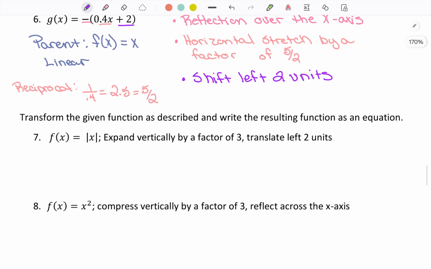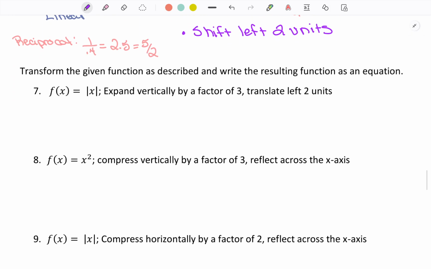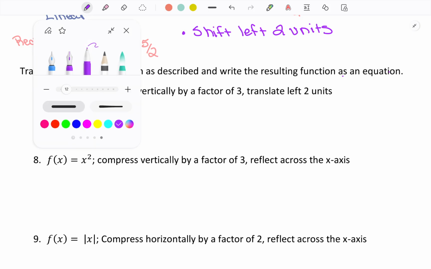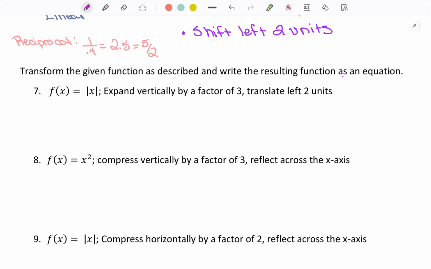All right, so now we are going to go backwards from what we were doing. So we're going to transform the given function as described by writing the resulting function as an equation. So we're given our parent function on number 7, and we're essentially going backwards from what we were doing before.